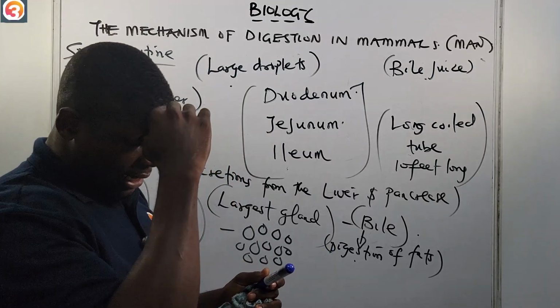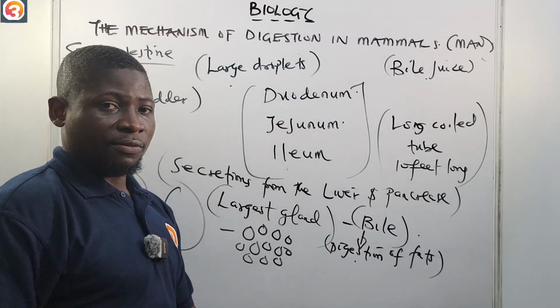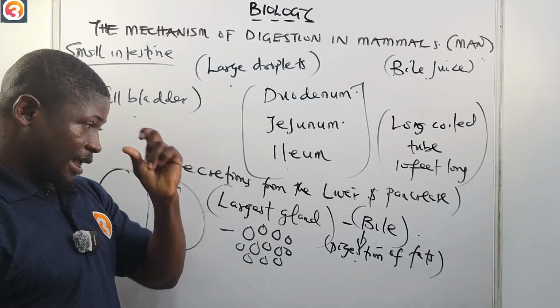The next secretion, apart from the liver, is from the pancreas. The pancreas is located just below, or behind, the stomach.